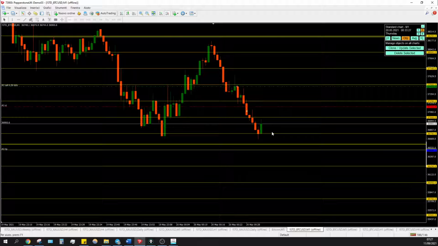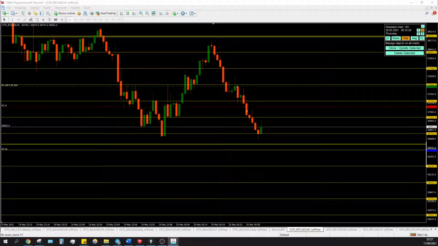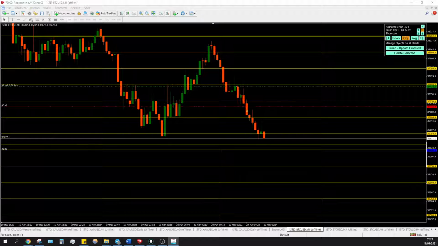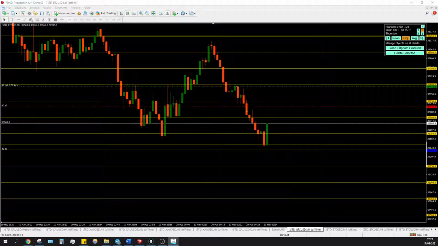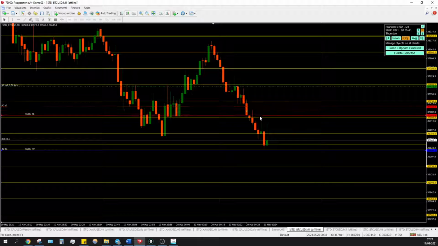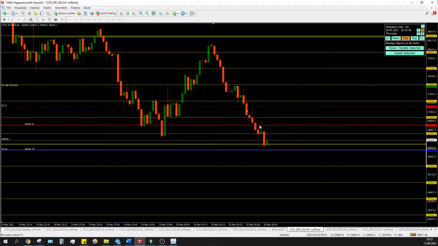Let's see how price reacts here, if it punishes. Oof. This is a nasty rejection. At the close, I can consider re-entering here. Let me put the stop loss even further.